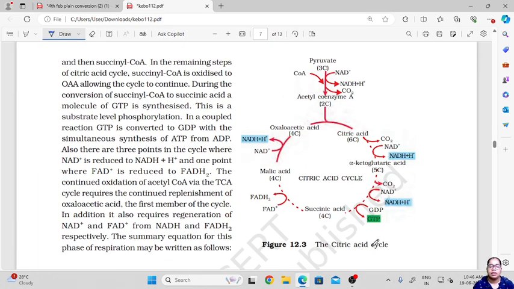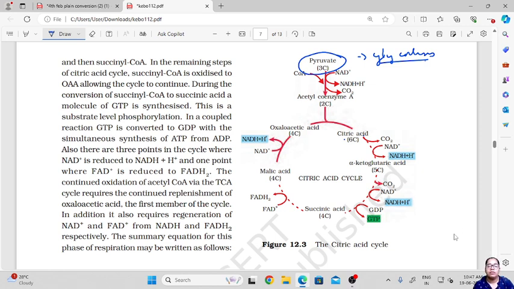So this is the citric acid cycle. It is called the citric acid cycle, TCA cycle or Krebs cycle. It has 3 names. So this is the pyruvate which you have got from glycolysis. From this acetyl-CoA, it will form what? Citric acid. This will form alpha ketoglutaric acid.